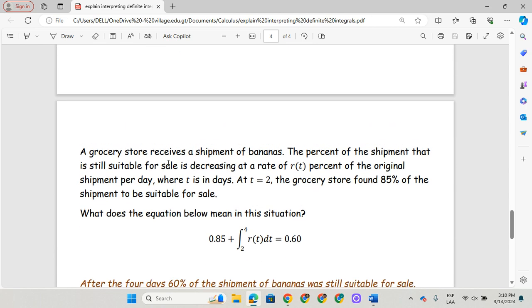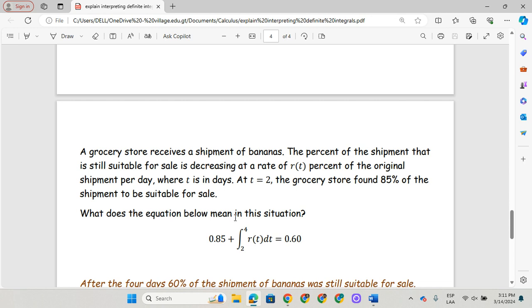Finally, a grocery store receives a shipment of bananas. The percent of the shipment that is still suitable for sale is decreasing at a rate of R of t percent of the original shipment per day, where t is in days. At t equals 2, the grocery store found 85% of the shipment to be suitable for sale.